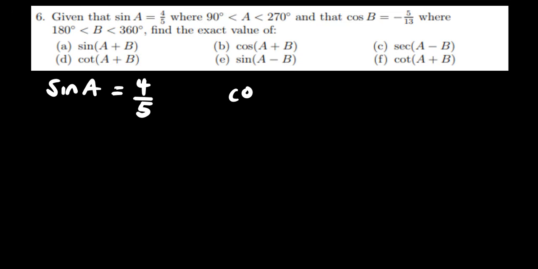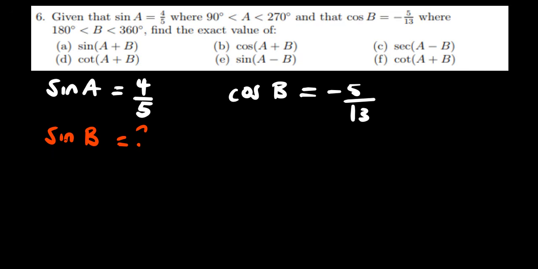We've been given cos B, which is negative 5 over 13. So it will be our job to also find sine B, and it will also be our job to find what cos A is. Okay, so that it becomes smooth for us to solve the other questions. So we can solve in advance.